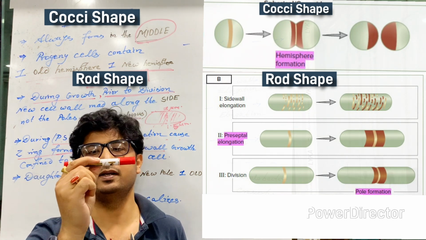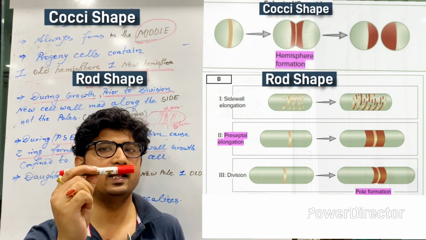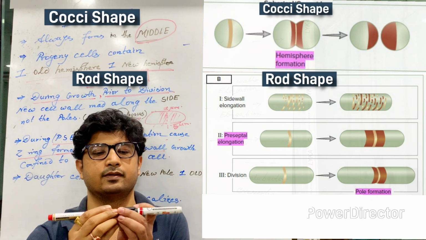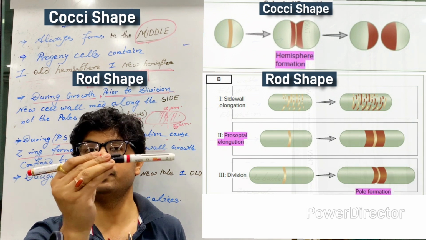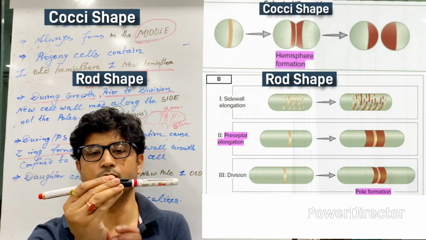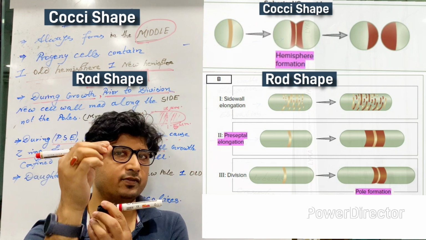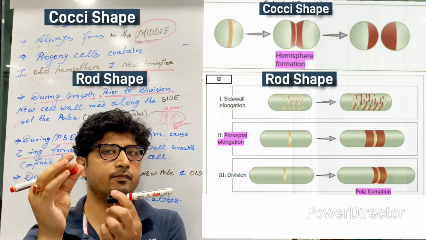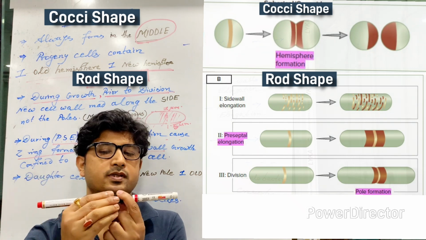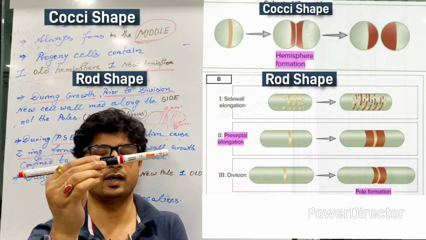Suppose this pen is a bacteria, a parent bacteria. Now during enlargement it became like this. Before division, before septum formation, I am telling you, the parent bacterium after the elongation became like this, not yet divided, remember that.